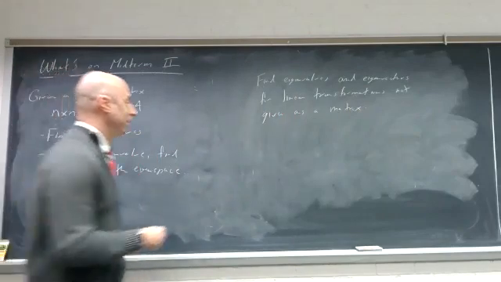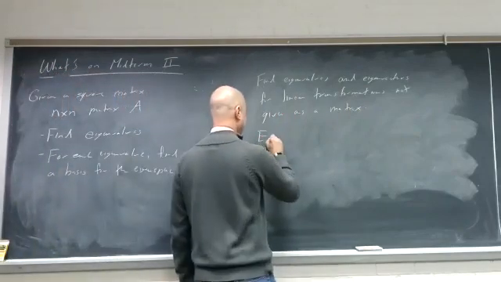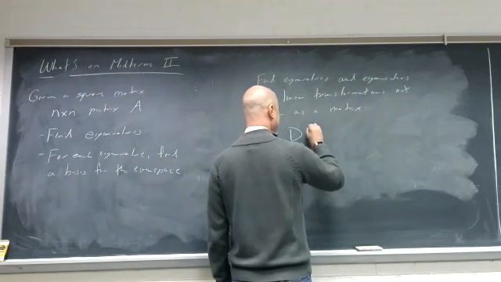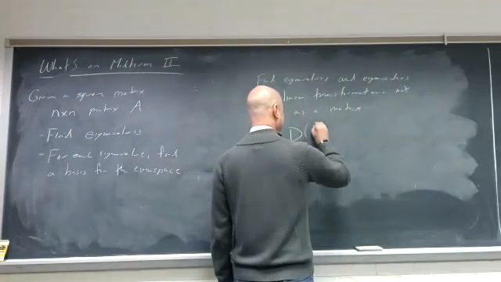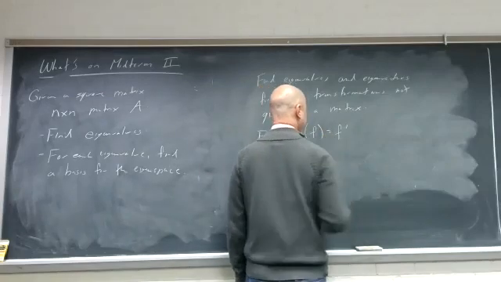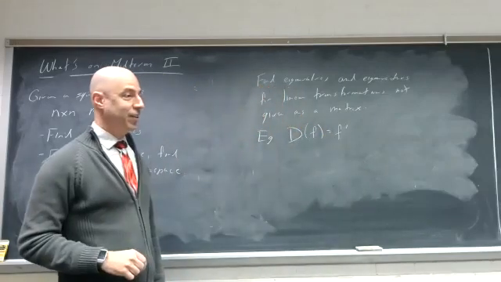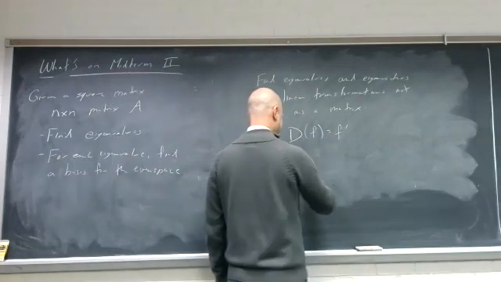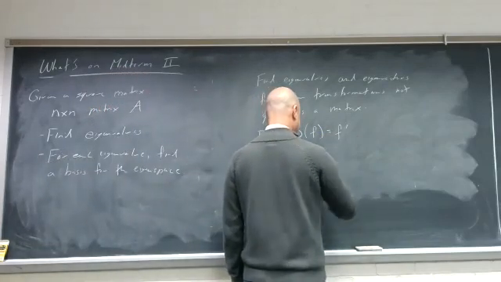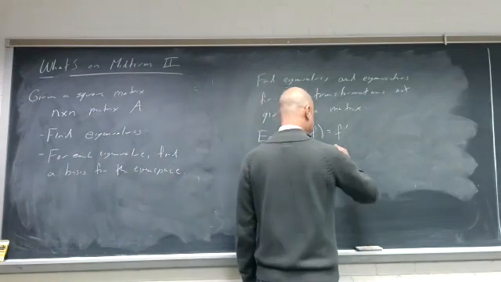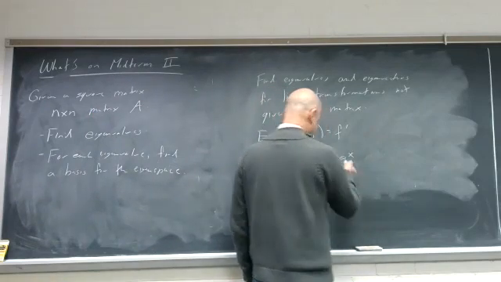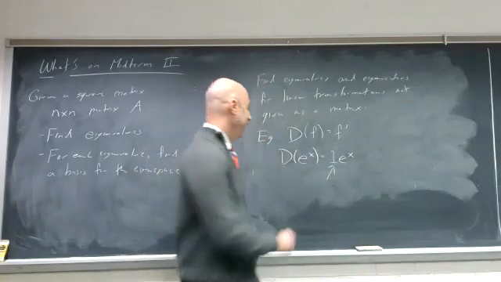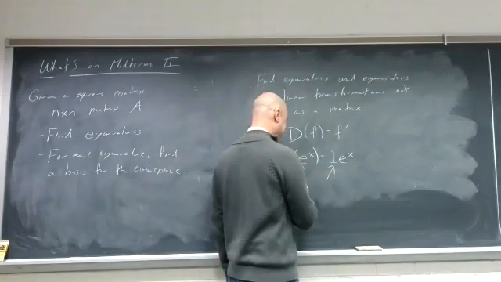For example, that derivative operator. We saw that the derivative of e to the x is just 1 times e to the x. And so 1 is an eigenvalue and e to the x is an eigenvector.